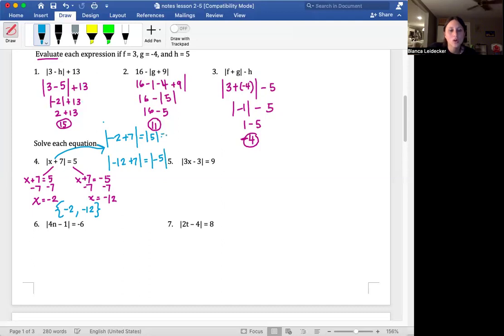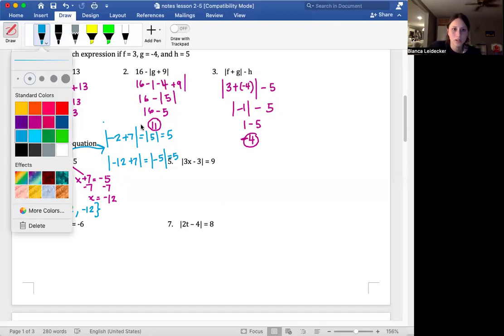Therefore, when I do actually write out my answer, absolute value of 5 is 5. Absolute value of -5 is also 5. So both of these solutions, if I put it in absolute value, are potential answers for x. Let's do another one.